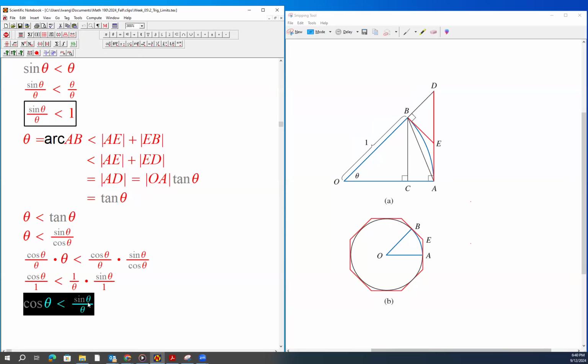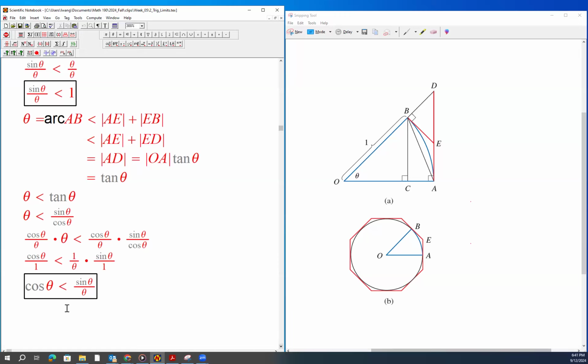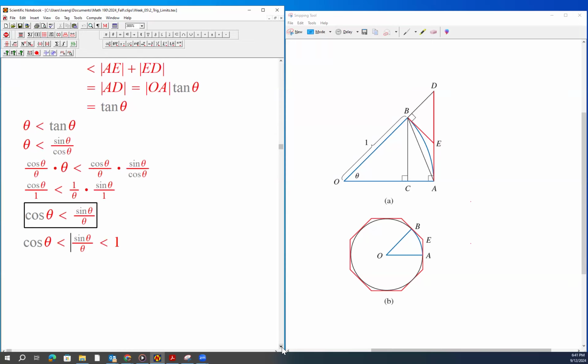So we got the second important relationship. If we combine the first one and the second one, we got sine theta over theta less than 1 from the first inequality, and from the second one, cosine theta less than sine theta over theta.